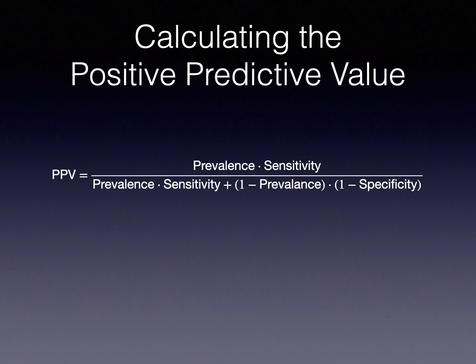And so we see here that the PPV, the positive predictive value, is equal to the ratio of the product of the prevalence of disease in the population with the sensitivity of the test to this more involved quantity in the denominator, which is the prevalence times the sensitivity, plus the product of 1 minus the prevalence and 1 minus the specificity.